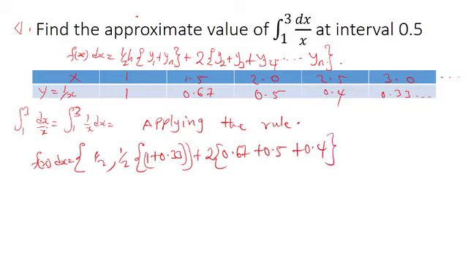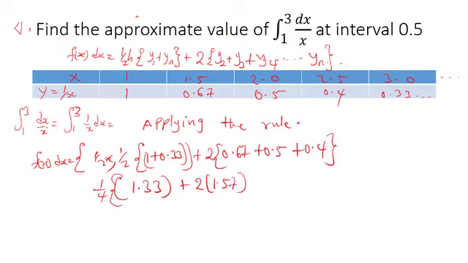We're stopping here. So this becomes, 1 over 2 times 1 over 2 is 1 over 4, and this is 1.33, plus, remember there's a big bracket, 2 in bracket 1.57.